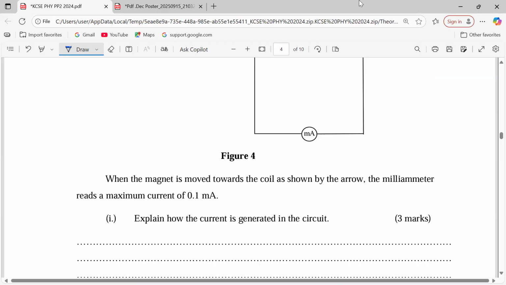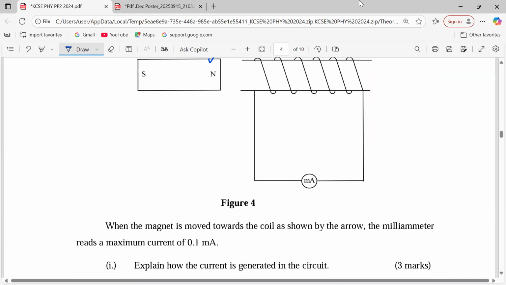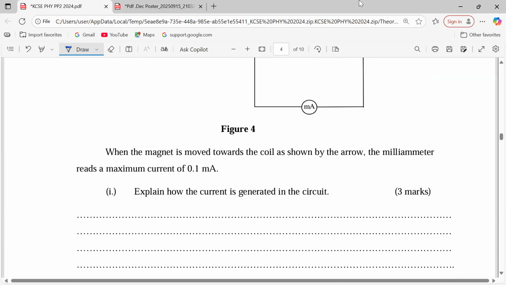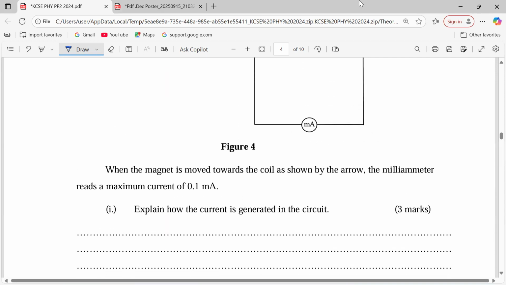So the question says, when the magnet is moved towards the coil, as you can see, according to the arrow, the milliammeter reads a maximum current of 0.1 milliamperes. Explain how the current is generated in the circuit.